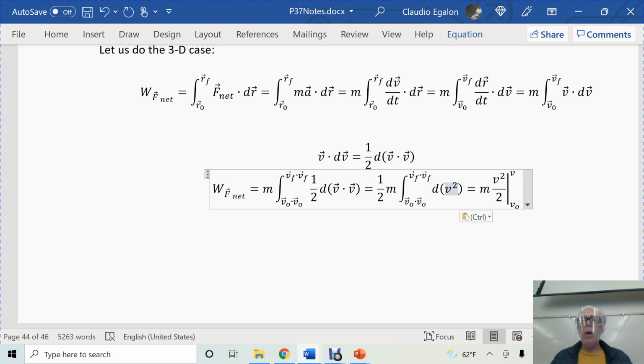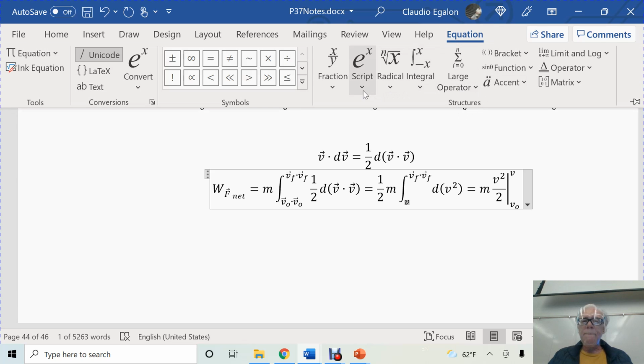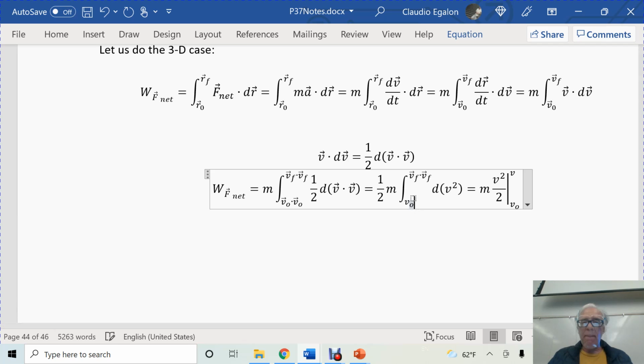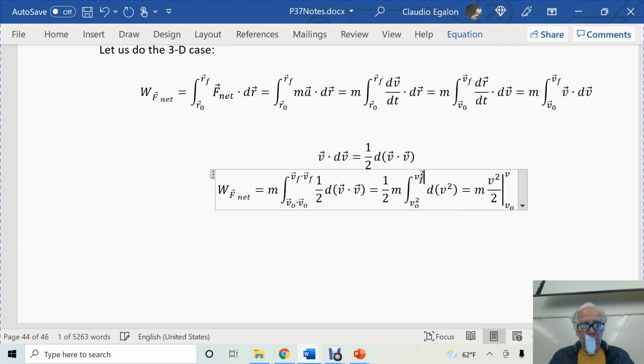And now that I change it to the square of the scalar velocity, I also have to change here to the square of the initial velocity and the square of the final velocity. Here you go, like that.